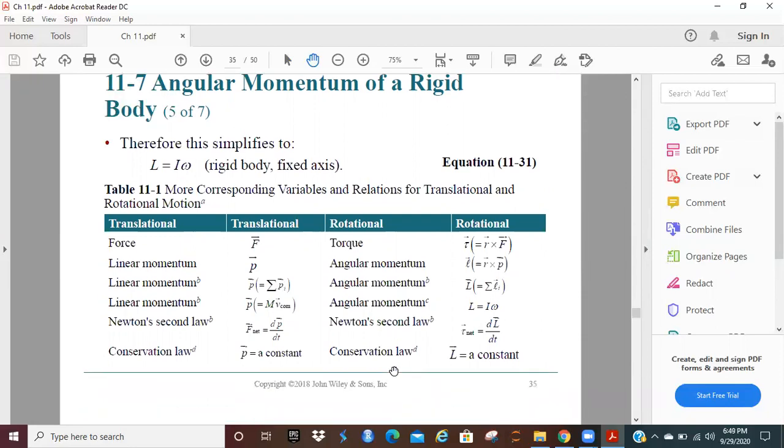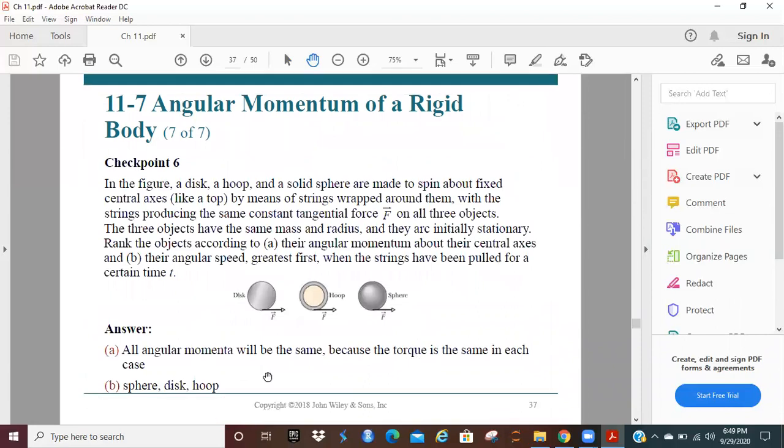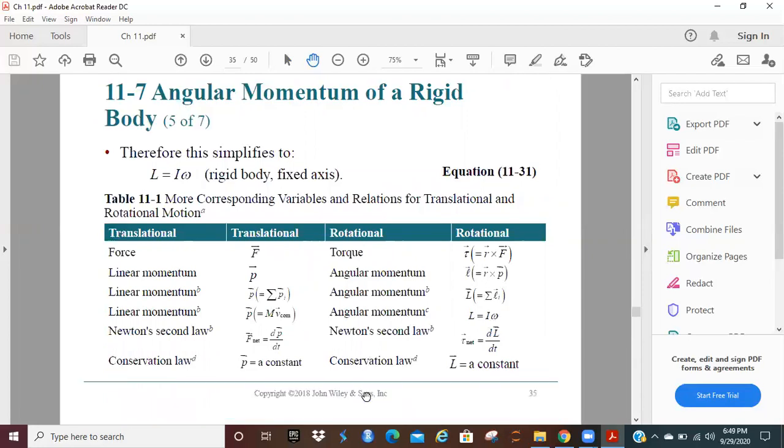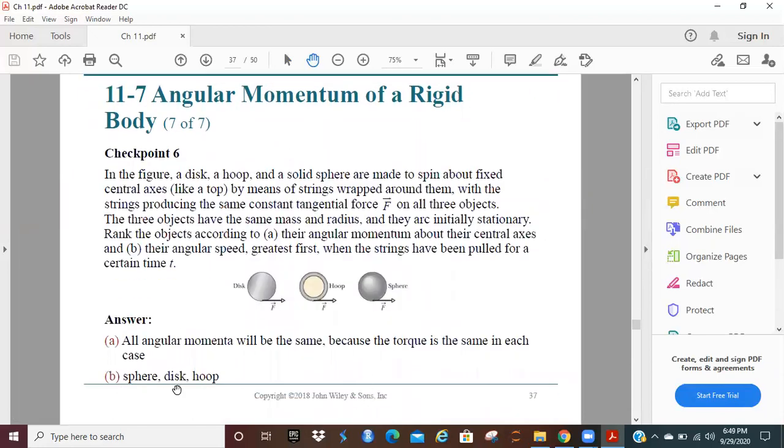Since the sphere has the greatest angular speed, that is because it has the lowest moment of inertia of all of those. Then the disk is going to have a higher value for the moment of inertia, and the hoop is going to have the highest of all of them. So that is why they are ranked, and if you wish, you can look up the moment of inertia for each of those and try that out for yourself.